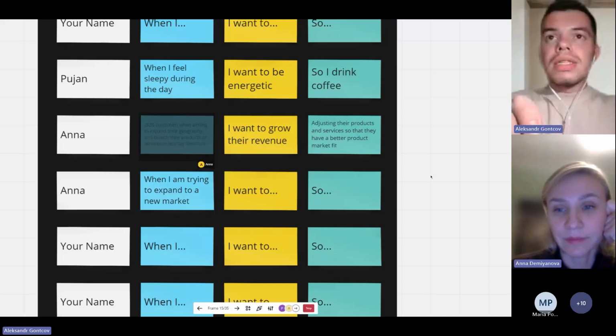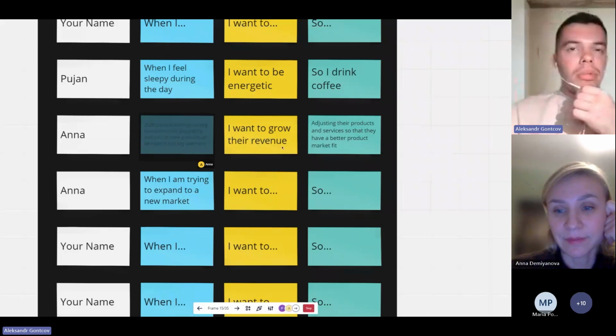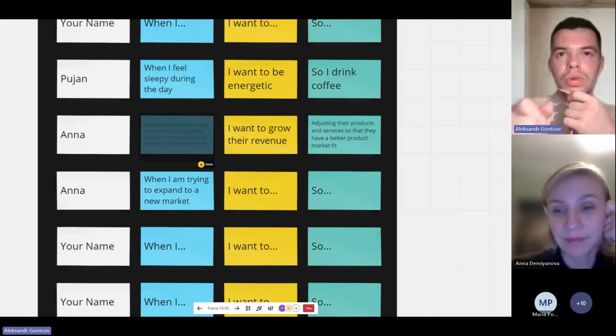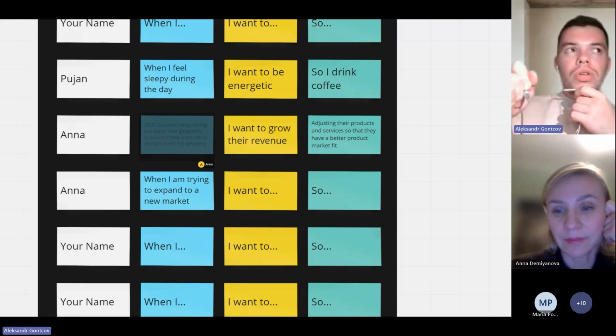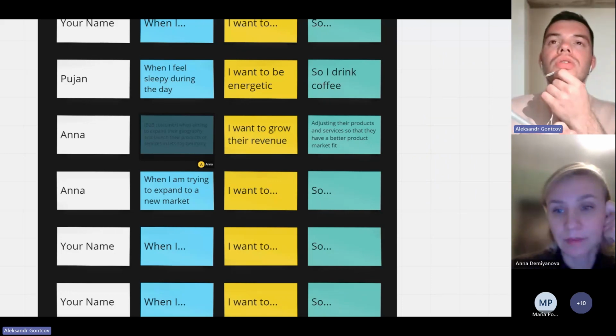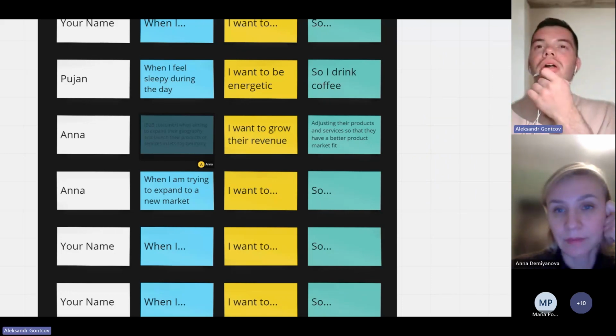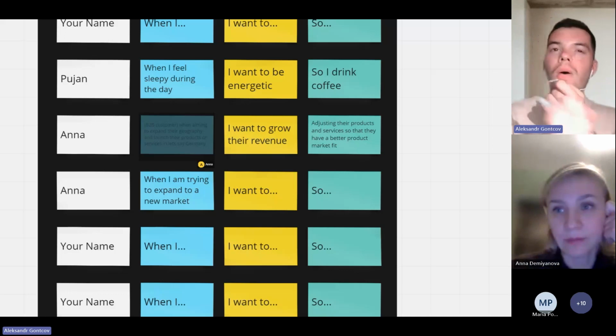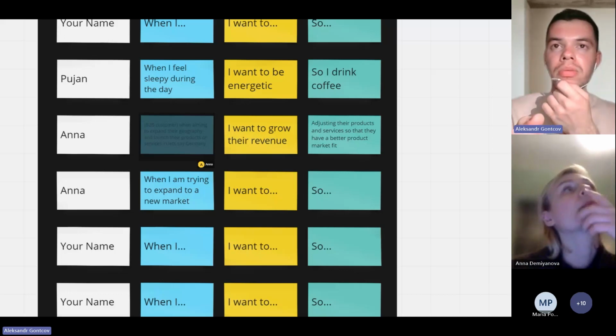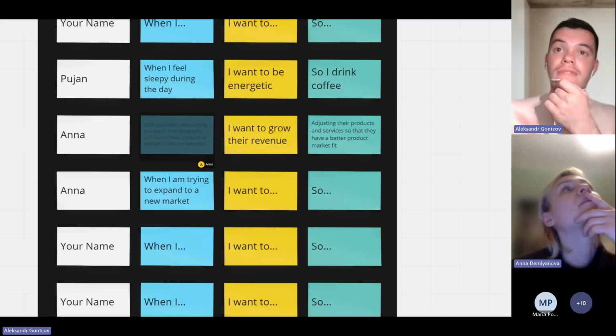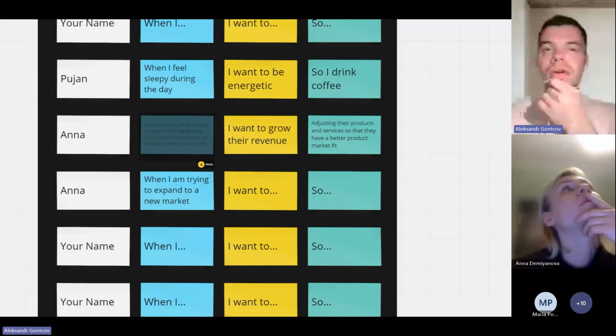Yes. So this second thing, let's think about the actual task, what they want to do. Do they want to grow the revenue so they can find a better product market fit? Or they want to adjust the product market fit, they want to evaluate product market fit to grow the revenue.